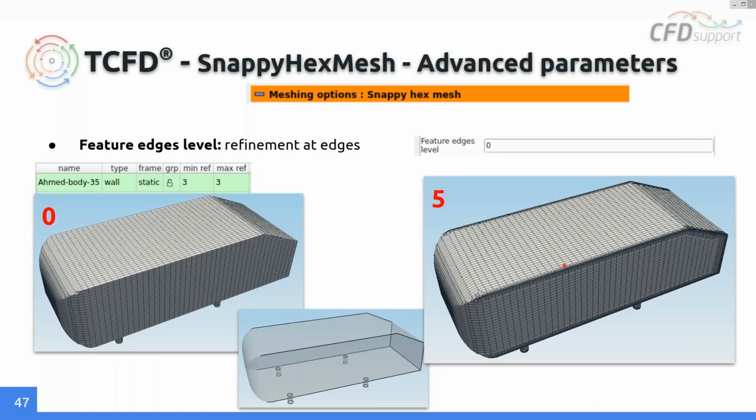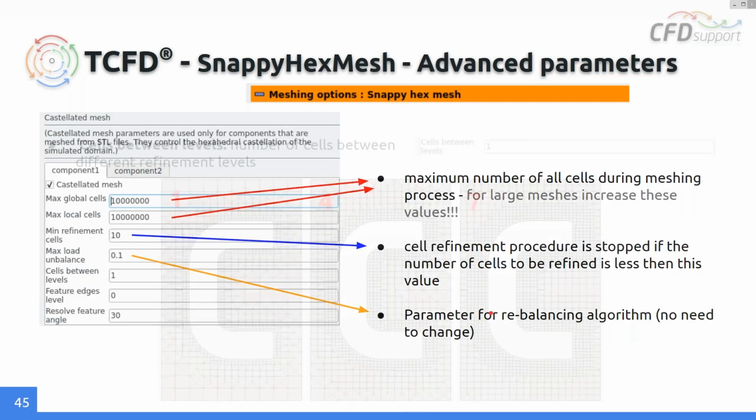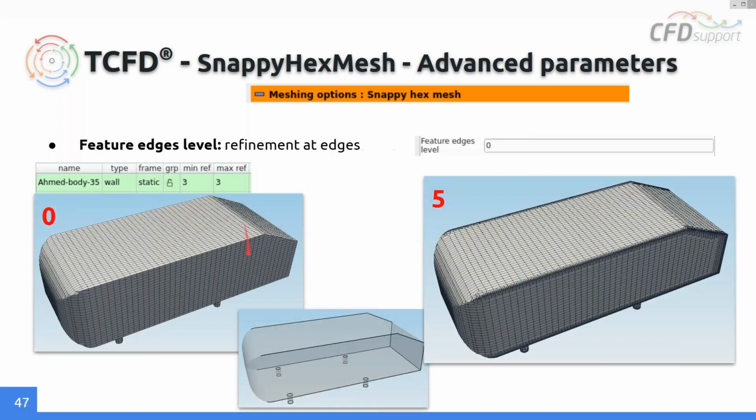Feature edge levels. As I already mentioned, you can define the mesh refinement based on the edges, which are automatically generated somewhere here, right? It was here. To these edges you can set the level of refinement, and in some particular applications it can generate a nicer mesh.